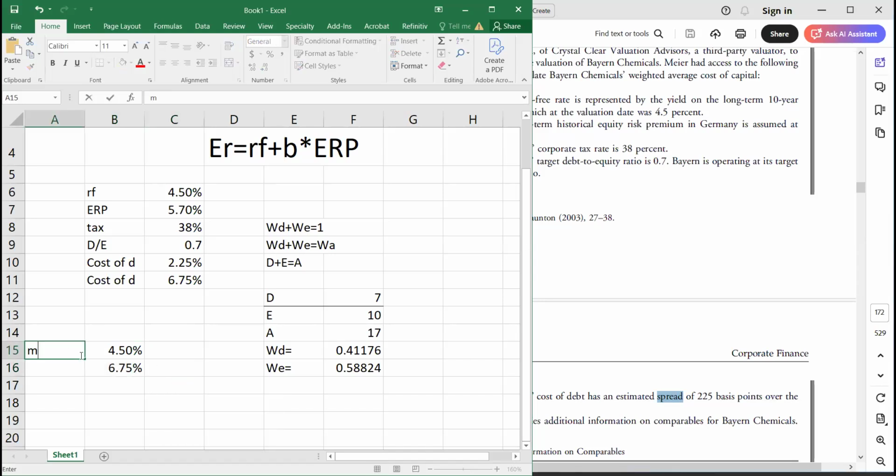So the lending rate minus the deposit rate, this minus this, is the spread, for you to know it.